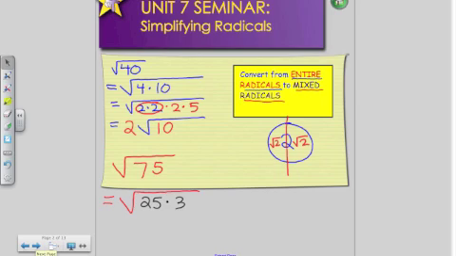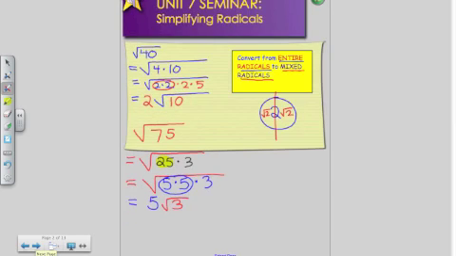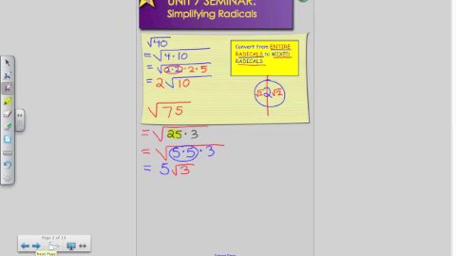Now, the only number that's not a prime number is the 25, so we can break down the 25 into 5 times 5. So I have 5 times 5 times 3. The radical 5 and radical 5 make the whole number 5, and I'm left with root 3. And that's my final answer.